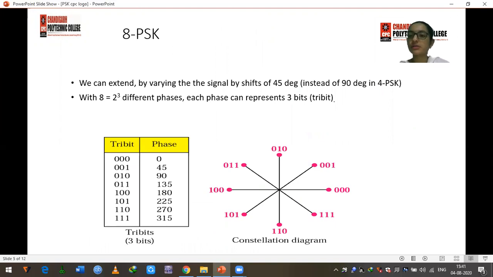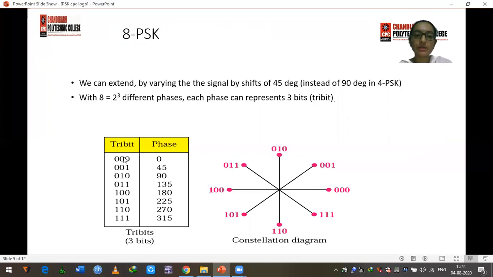In the previous one, that is QPSK, the phase shift was 90 degrees. So with 8 equal to 2 raised to power 3, there are different phases. Each phase can represent 3 bits, known as a tribit. In the previous one we already discussed the d-bit.